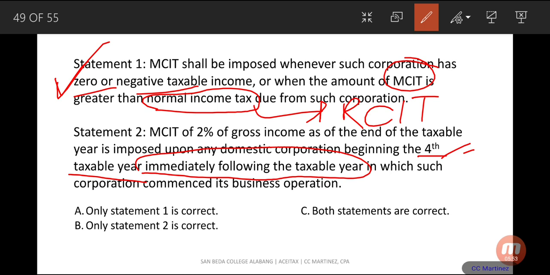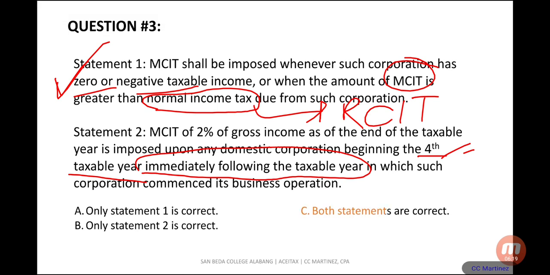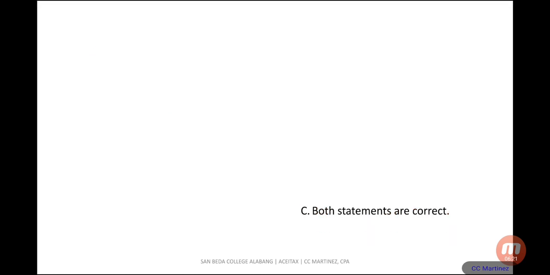Again, ang test for MCIT is applicable on the 4th taxable year immediately following the taxable year in which such corporation commenced its business operation. So, yung 3 years naman na tinatawag natin is yung deductibility ng excess MCIT. So, huwag malilito doon. Okay. Next question.